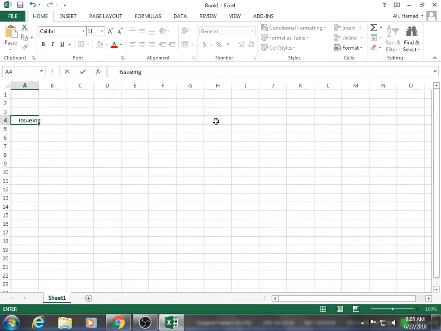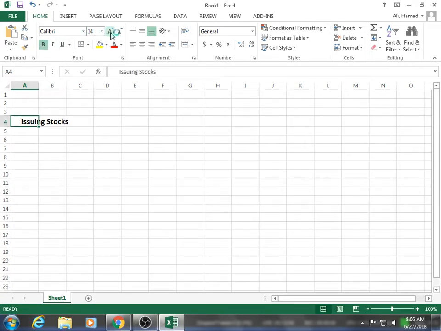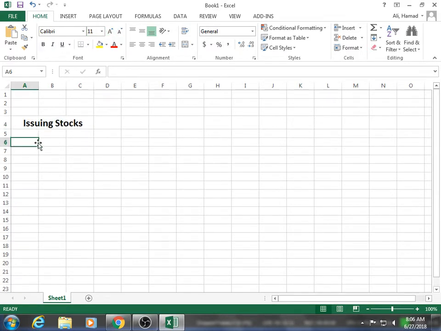When we issue stocks, we are getting either cash or some kind of assets. So you automatically debit either cash or whatever assets you're getting. I'm going to say cash. You debit cash.